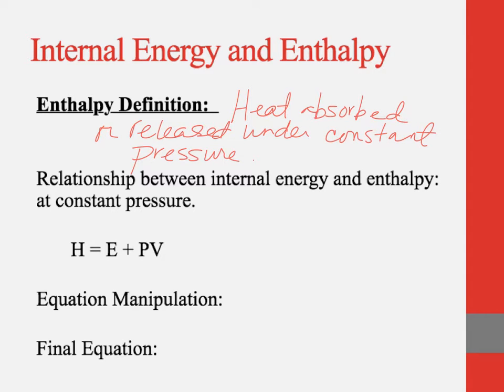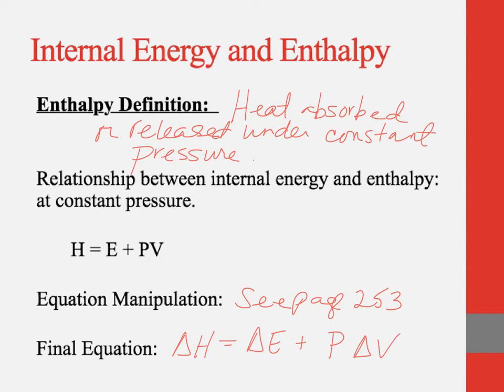Now, I'm not going to go through the whole equation manipulation here, but I want you to see page, in my book it's 253, and it goes through the breakdown of this equation. And you get a final equation of delta H is equal to delta E plus P times the change in volume, because pressure is constant.